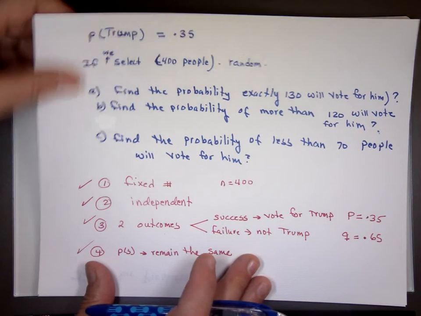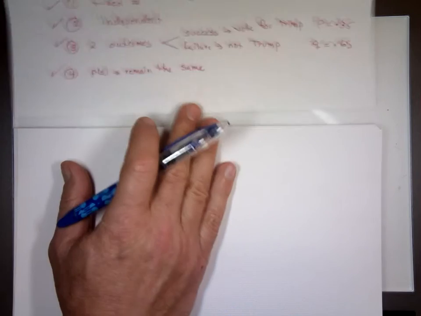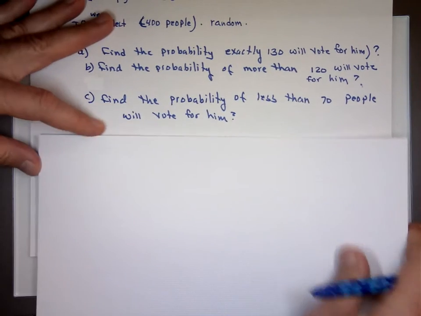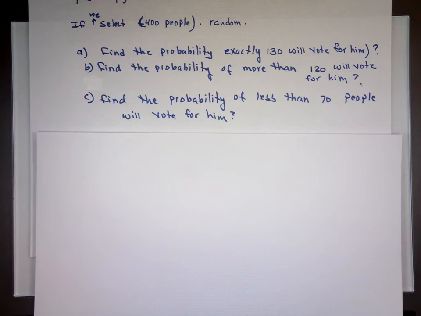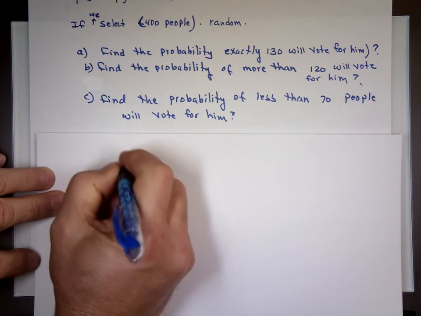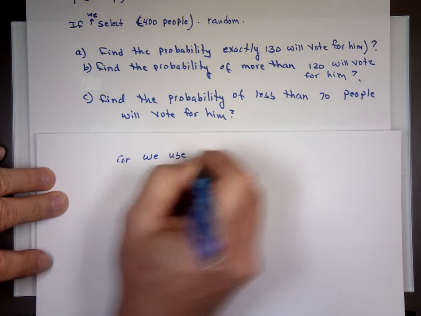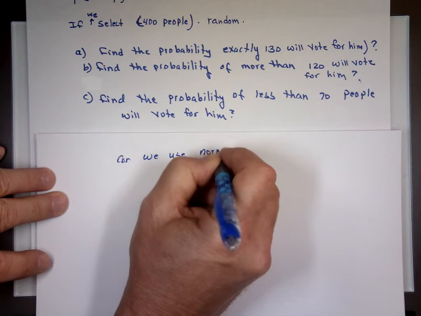So can we use the approximation? That's the first question. If I can use the normal approximation, I'll be dancing, because I don't want to calculate all these values.